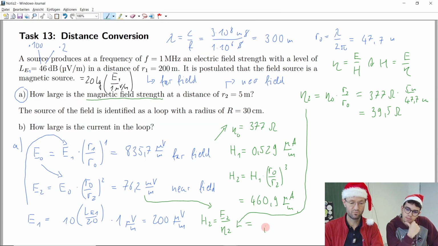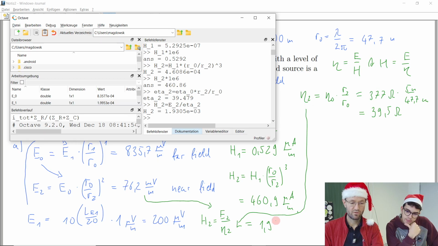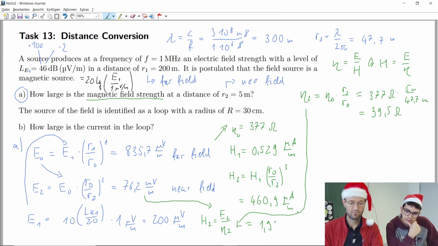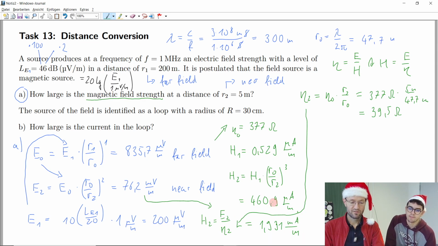So this is 1.93 exactly, 3.1 maybe milliampere per meter. Okay, so this obviously does not coincide with this one.